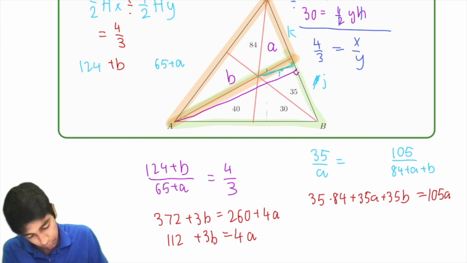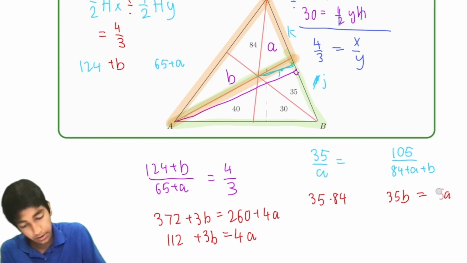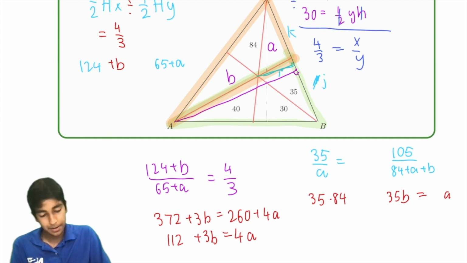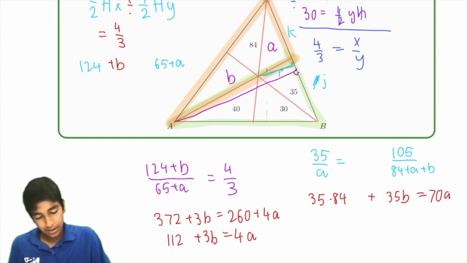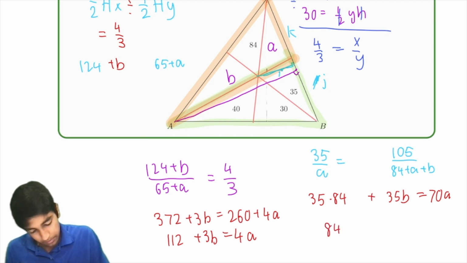You can subtract 35a from both sides, and we'll end up with 70a on the right side and 0a on the left side. And now we can divide by 35 from the second equation to get 84 plus b equals 2a.